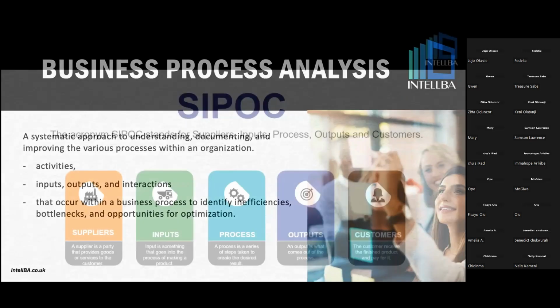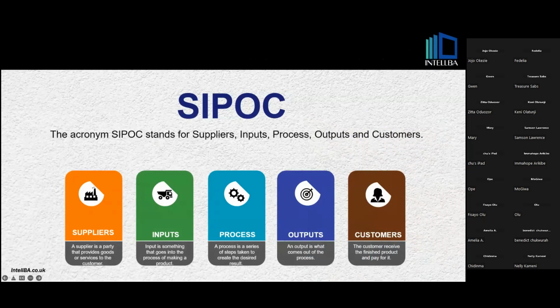Now, when we are analyzing a business process, there are 5 things we must consider, and it's abbreviated as SIPOC, which is suppliers, inputs, process, outputs, customers. Don't worry about this, you can research more about it, but basically a supplier is a party that provides goods or services to the customer.